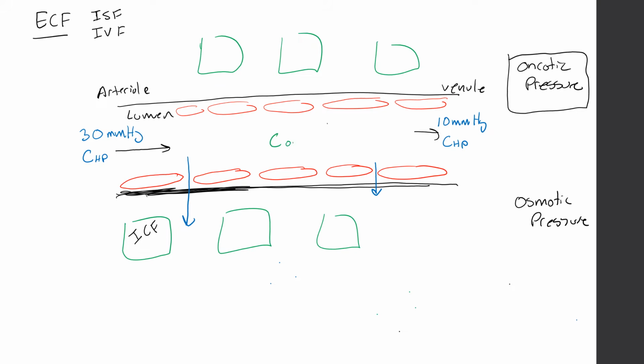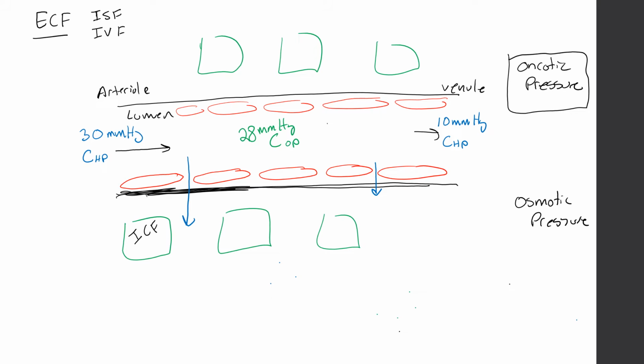Capillary osmotic pressure is about, on average, 28 millimeters of mercury. And I drew it right there in the middle because, in many of the capillaries, the capillary oncotic pressure doesn't change from the arterial side to the venule side. So that stays constant from one end to the other. So that is throughout.